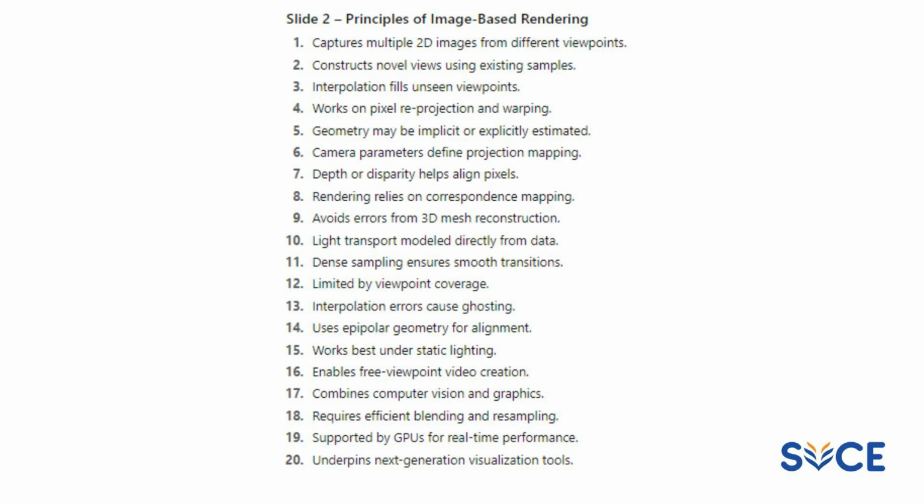When multiple images are taken from different viewpoints, each image essentially captures a small portion of this light field. Using techniques like view interpolation, depth mapping, and pixel reprojection, a new image can be synthesized as if it were taken from an intermediate camera position.